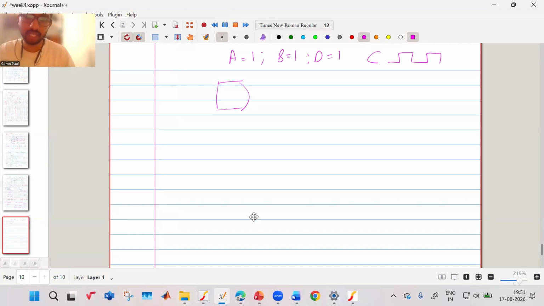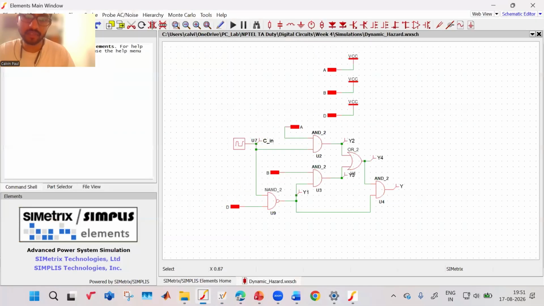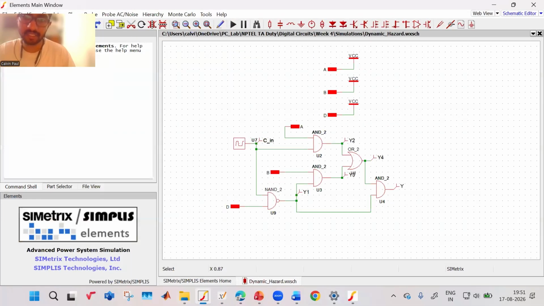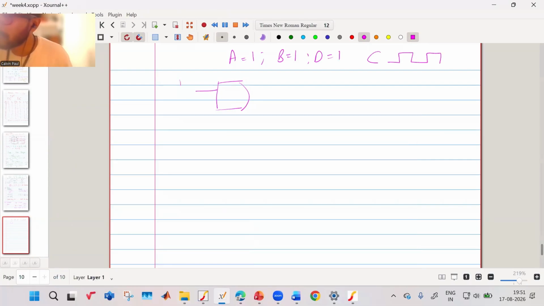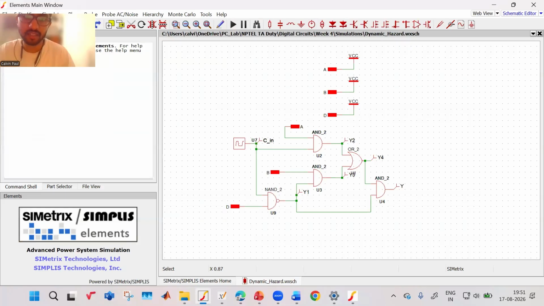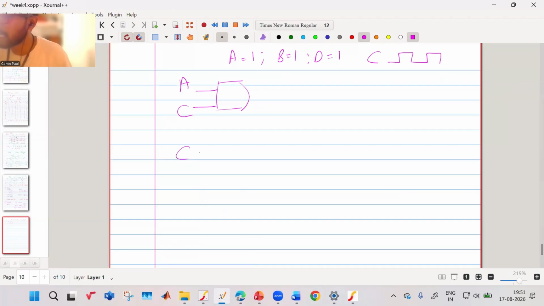Now in my circuit diagram, I have A and C. Now what else do I have in my circuit? I have C, NAND, and D. So C is connected to a NAND gate, and this is D. C is connected to an AND gate.